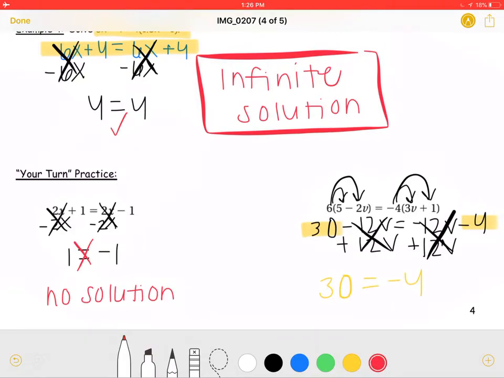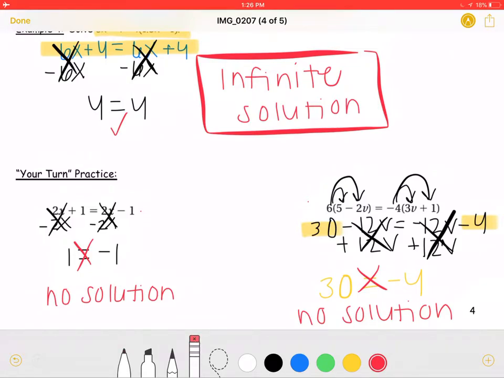Does 30 equal -4? No, that's not true. So this one again is no solution. There's no value that x or v could be in either of these situations where they would be equivalent to each other. So in fact, there's no solution for either of these.